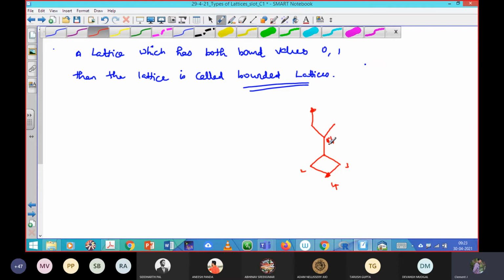Here I'm assigning some random numbers to show the example, and then 5, 6, 11 or whatever. I didn't fix the relation or the proper set; I'm just providing it to show the example. See here in this diagram, what is the greatest element?